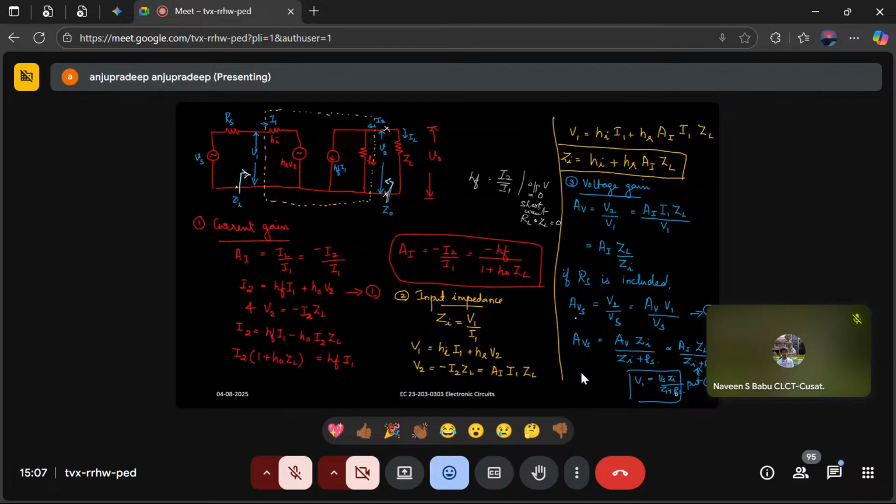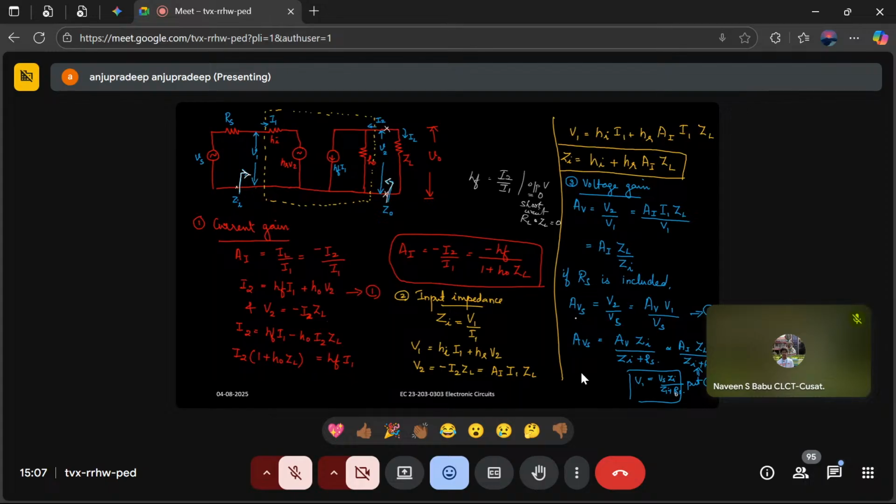Actually, this entire input voltage Vs might not have reached the input side, because right now we know that Vs and V1 are not the same. That depends on the source resistance also. But as users, we don't know that. So even if RS is very large, the entire input is not reaching the amplifier, and because of that, the output developed at the output side is less.